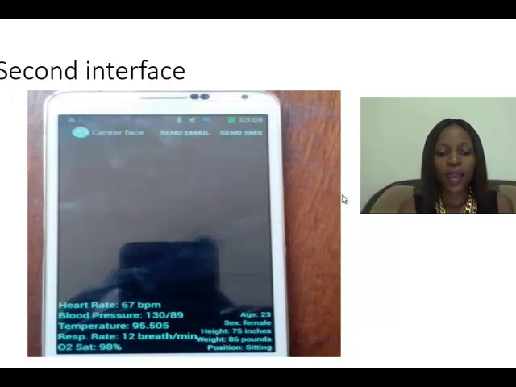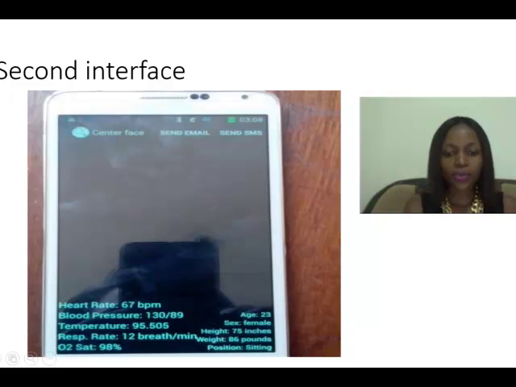With this, a user is required to put their finger on the camera lens, and with this, their heart rate, the blood pressure, temperature, and respiratory rate will be measured. This is all done through the sensors that are embedded inside the Android phone.